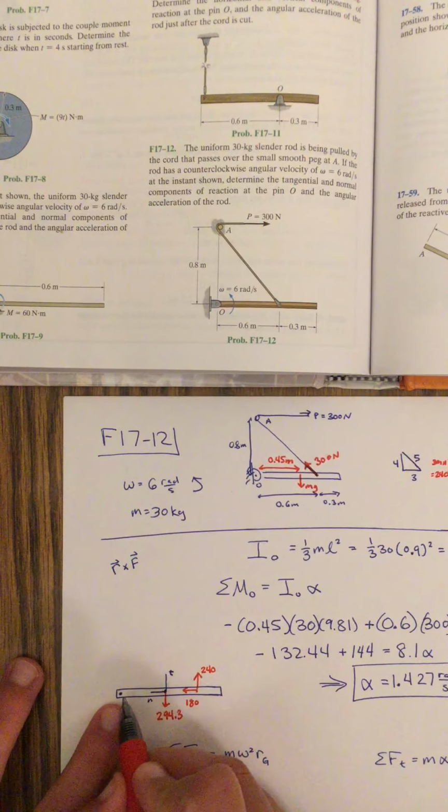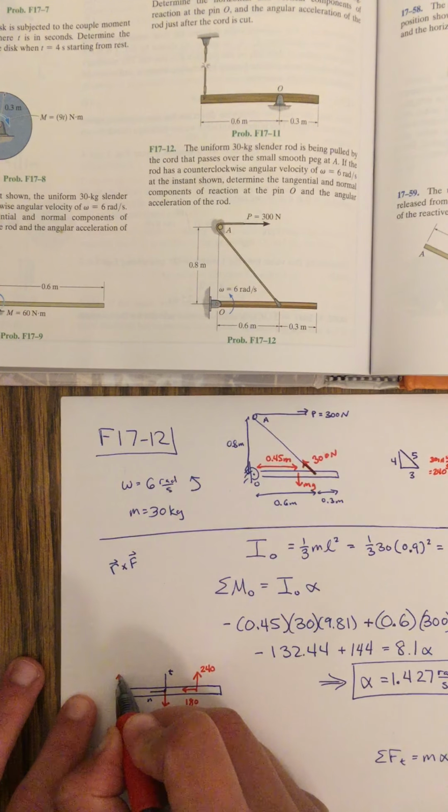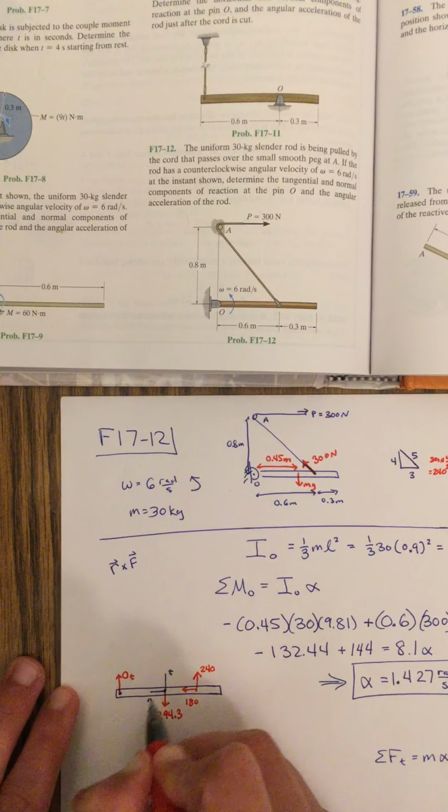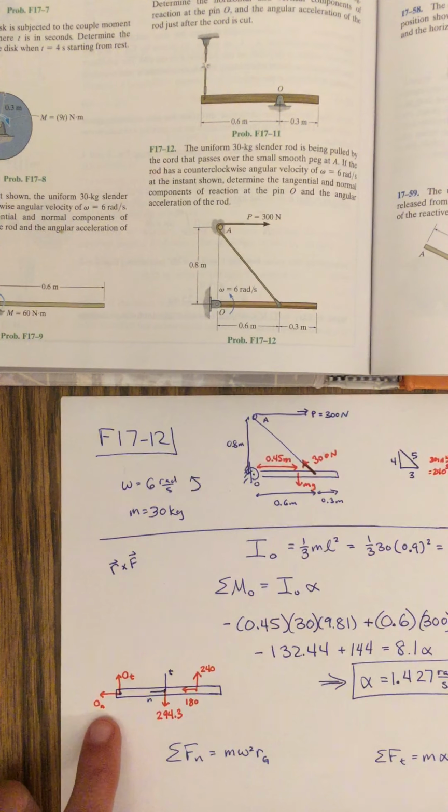So now when I break up the force at point O into components, I'm going to say you have a component going in the positive tangential direction, which is upward, and the positive normal direction, which is to the left. And if I get something negative for either one of those components, it just means that it's going in the opposite direction.